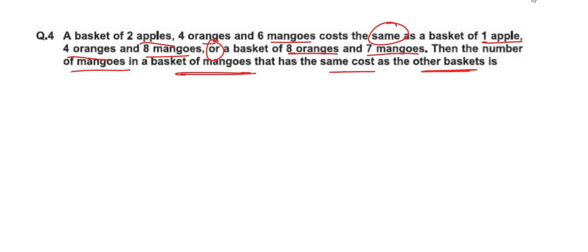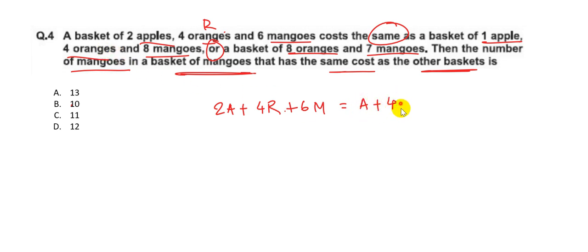So as per the given condition, 2a plus 4r, where r represents oranges, plus 6m will be equal to a plus 4r plus 8m equals 8r plus 7m, and this has to equal some number of mangoes.